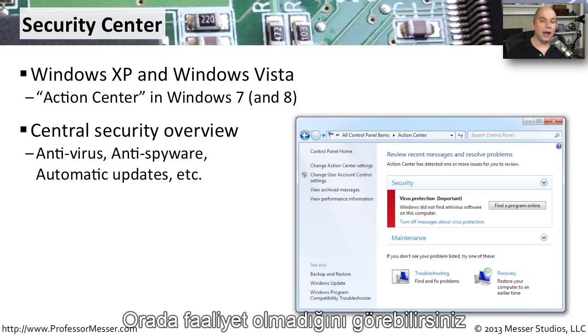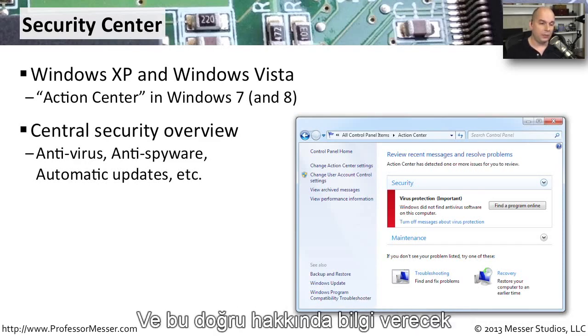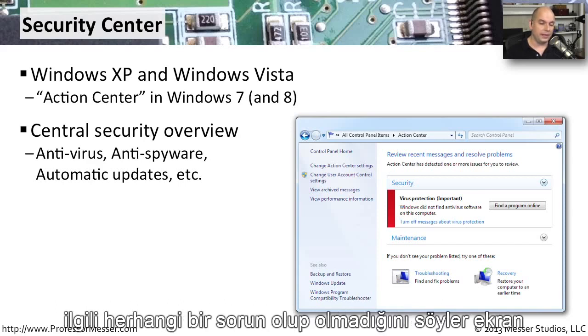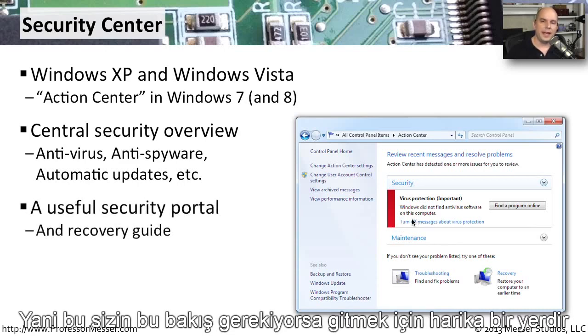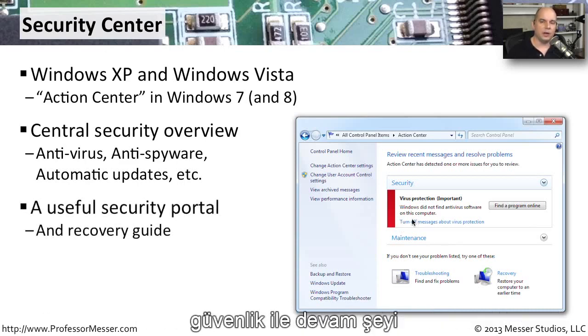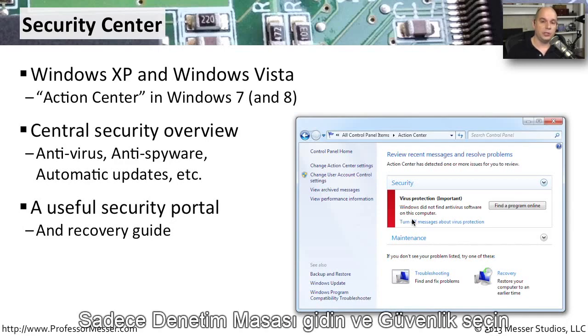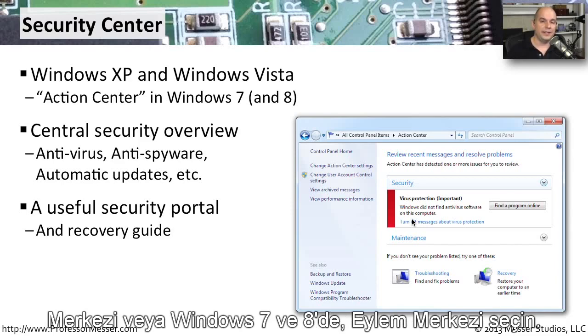You can see if there are operating system patches waiting, and it will give you information right on the screen that tells you if there are any problems associated with that security. So this is a great place to go if you need that overview of everything going on with security in your operating system. Simply go into your control panel and choose Security Center, or in Windows 7 and 8, choose the Action Center.